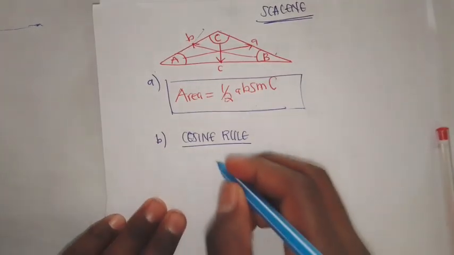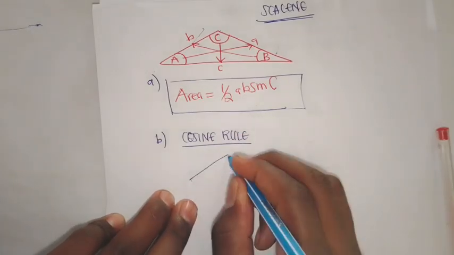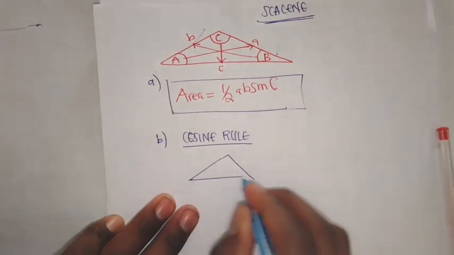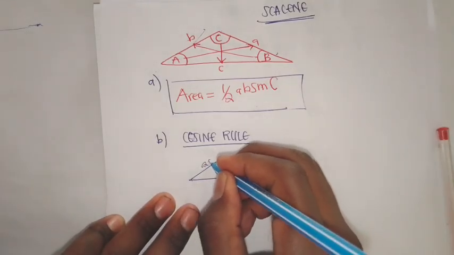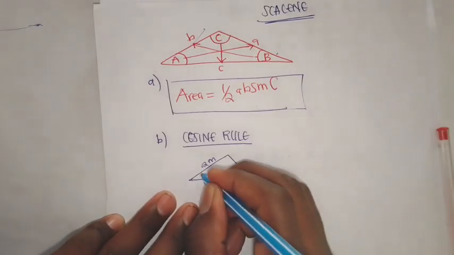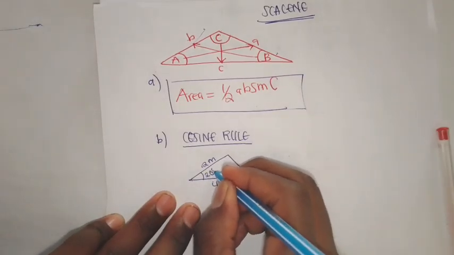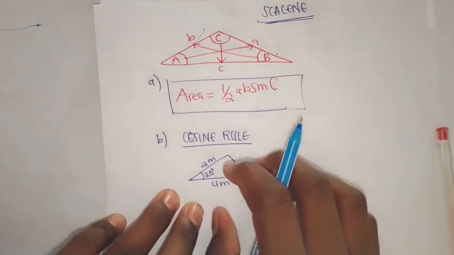Let's say in an exam you've been given a triangle looking like this, with 2 meters here, 4 meters here and 20 degrees, just as an example. Now you can use cosine rule.